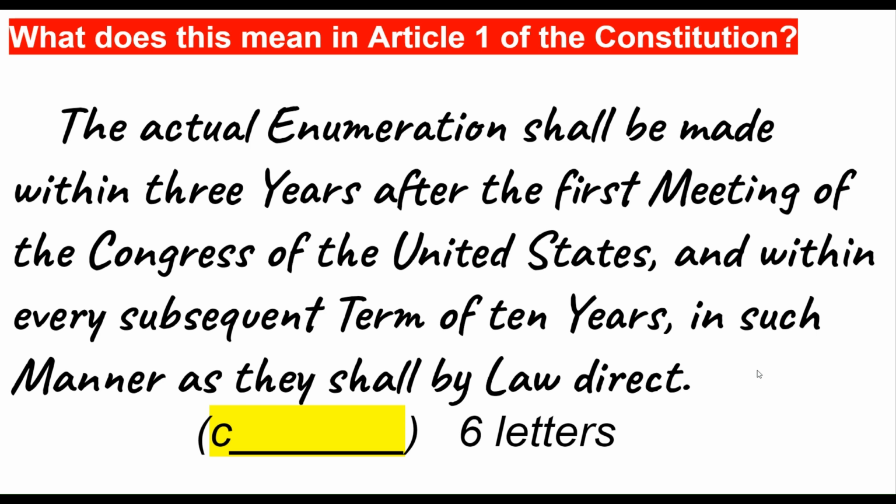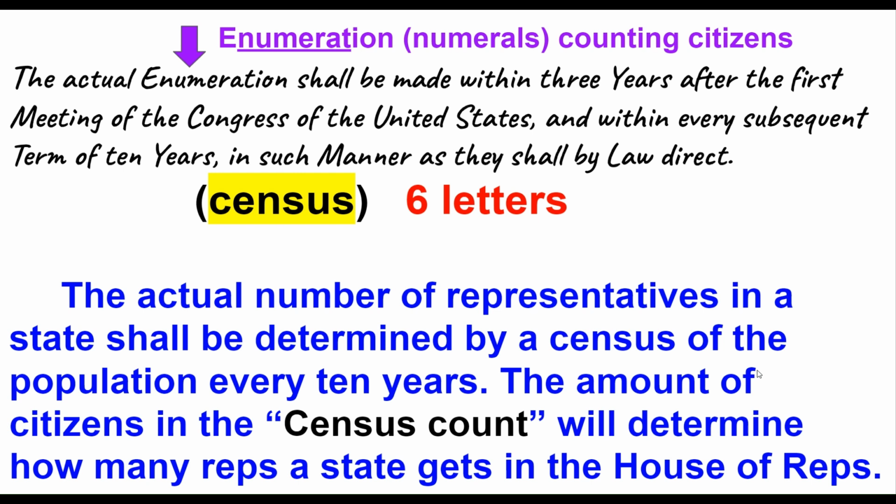Okay. Now, enumeration means an official counting. If you see within enumeration, numerate, kind of like numerals. Okay. Now, what it means is, go down to the blue at the bottom. The actual number of representatives in a state shall be determined by a census of the population every 10 years.